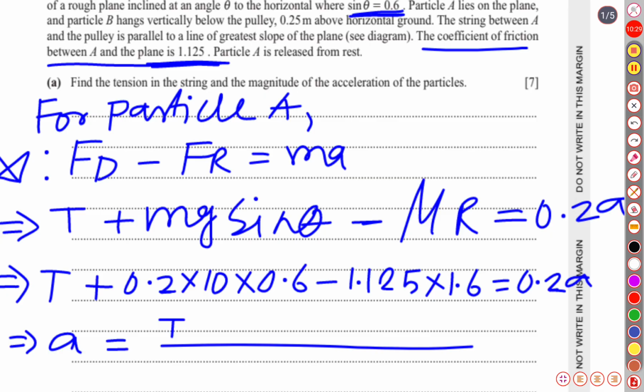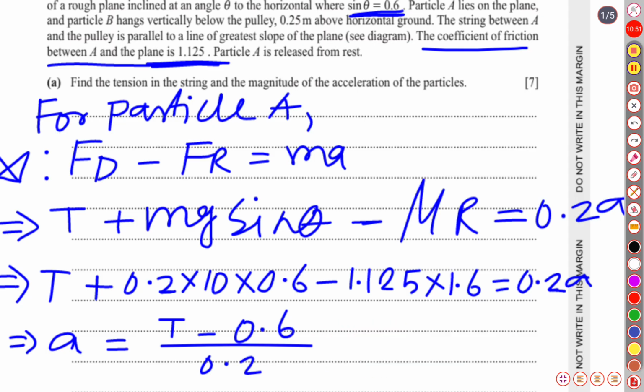So 1.8 minus 1.2, it is going to be t minus 0.6, over 0.2. So this is our equation number 1.